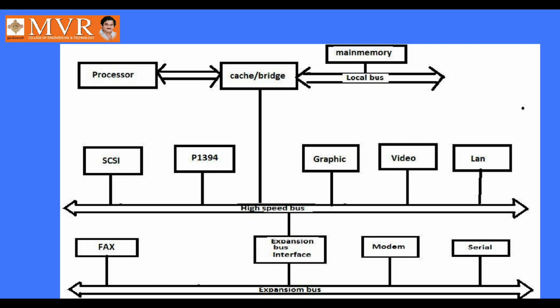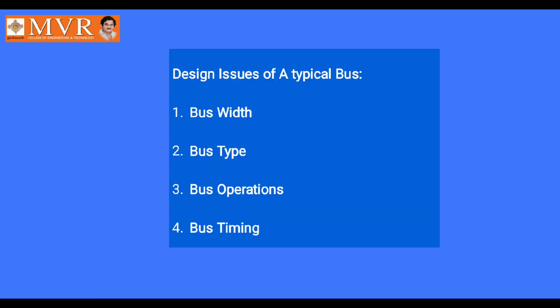This high speed or local bus is connected with the external bus with the help of an expansion bus interface. This is the diagrammatic representation of how various devices are connected with the help of the expansion bus. Now coming to the next topic, bus design issues.